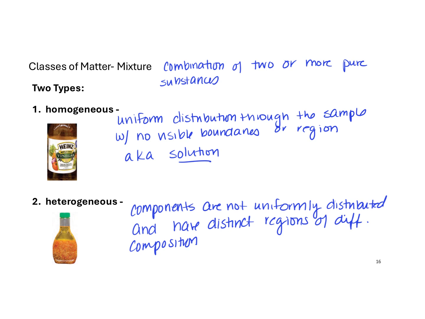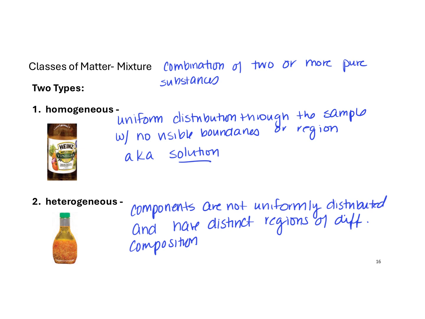A good example of that is salad dressing here. You can see that there are 2 different regions here. Sometimes your makeup removers will have an oil-water mixture. Those are an example of heterogeneous. They have 2 different areas there.